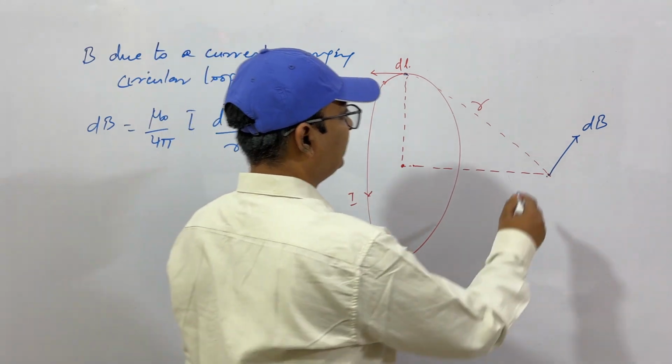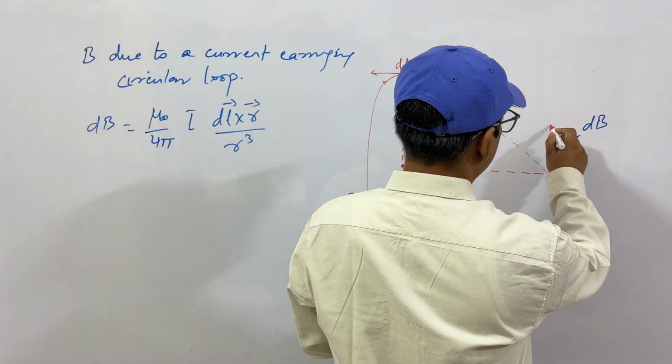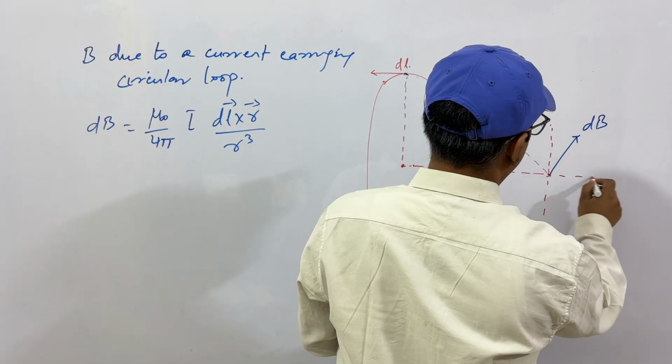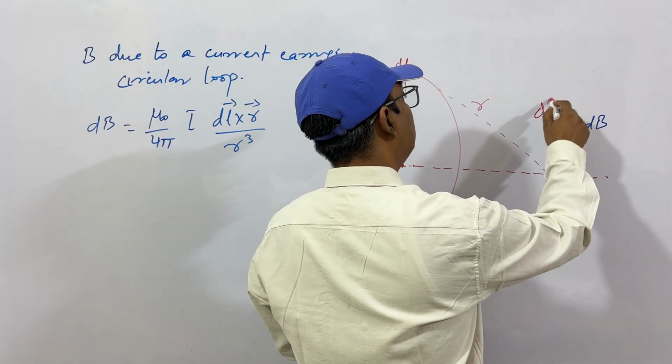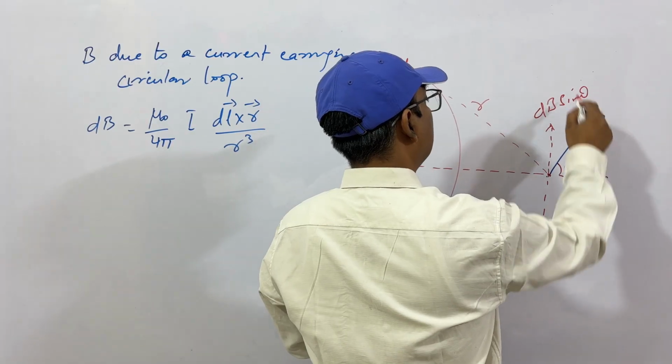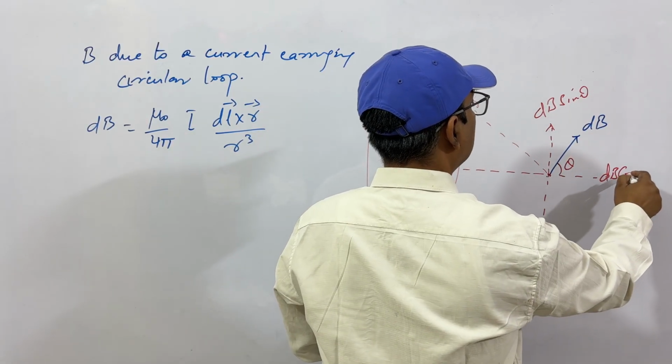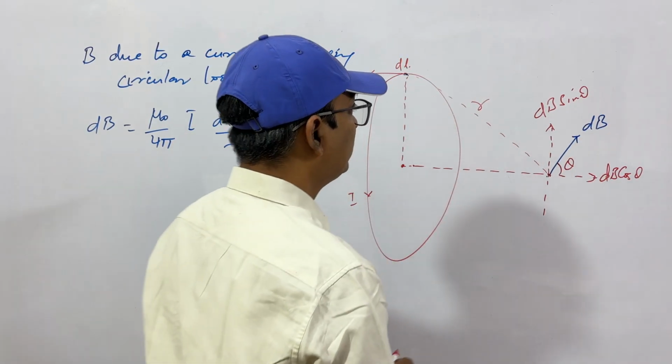Now let's say this is theta. So we have two components. This is dB sin theta and this is dB cos theta. This you understand?